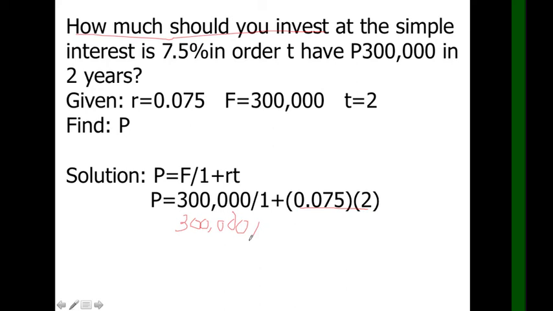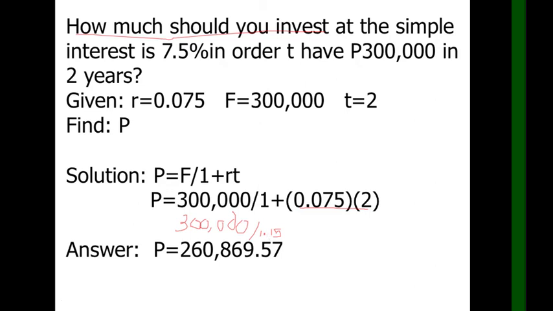Which is 0.075 times 2 plus 1 is 1.15, right? So, 1.15. I-divide mo lang yung dalawa. So, 300,000, divide mo siya ng 1.15 at ang makukuha mo ay 260,869.57. So, always use 2 decimal places for your final answer or nearest hundreds.